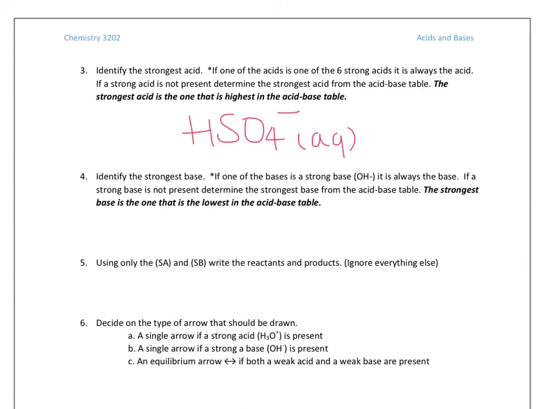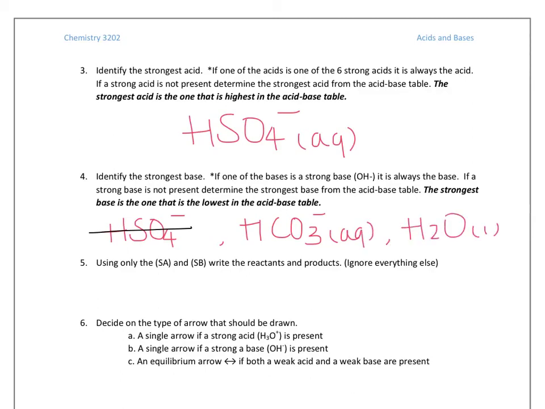Now we have to do the exact same thing to identify the strongest base. Recall that some of the bases are HSO4-, which we can automatically get rid of because we now know that's actually acting as the acid, and we have HCO3-, and we have water.